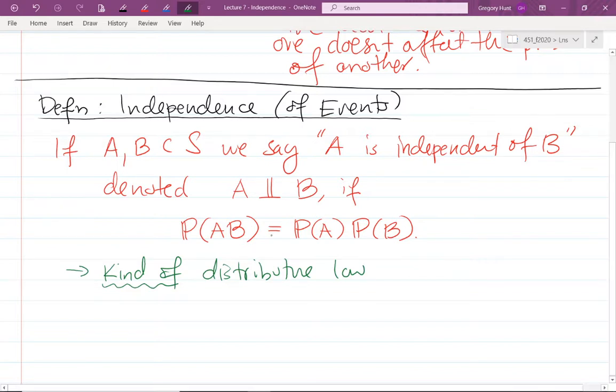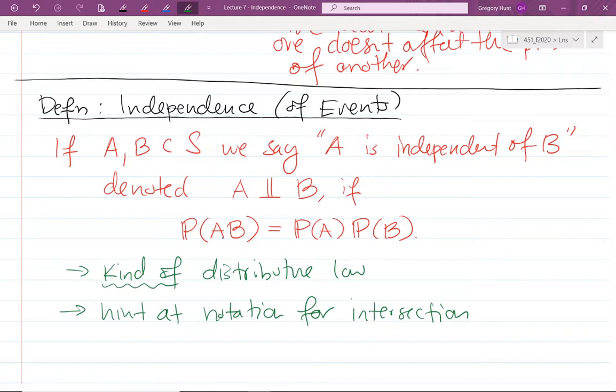It's not quite distributive because multiplication of sets isn't really a thing, but this gives a hint at notation for intersection. Typically I write my intersection as just two symbols next to each other: the intersection of A and B is just AB.